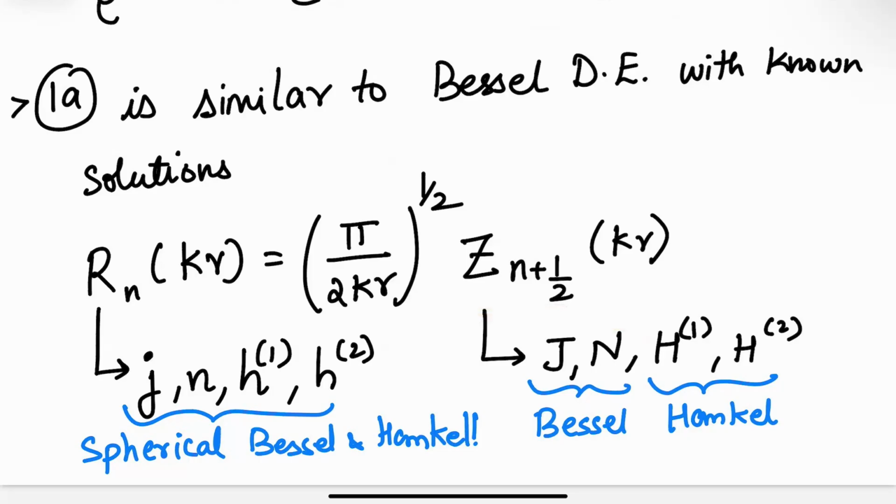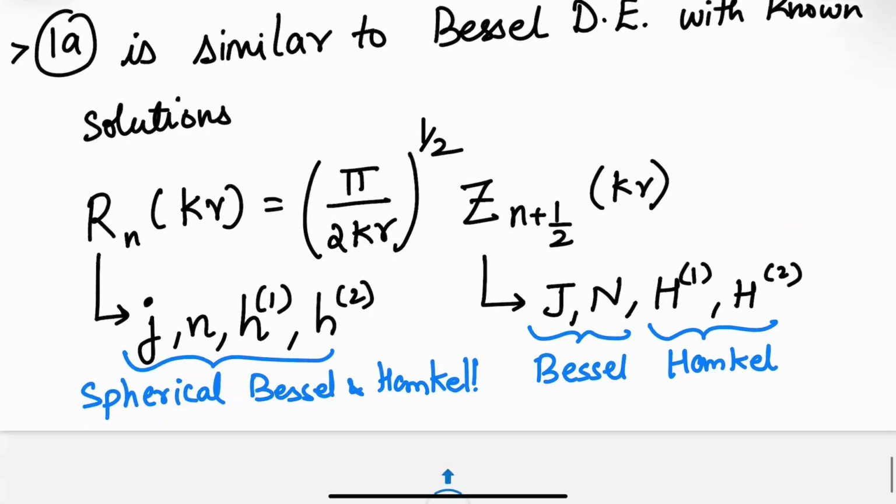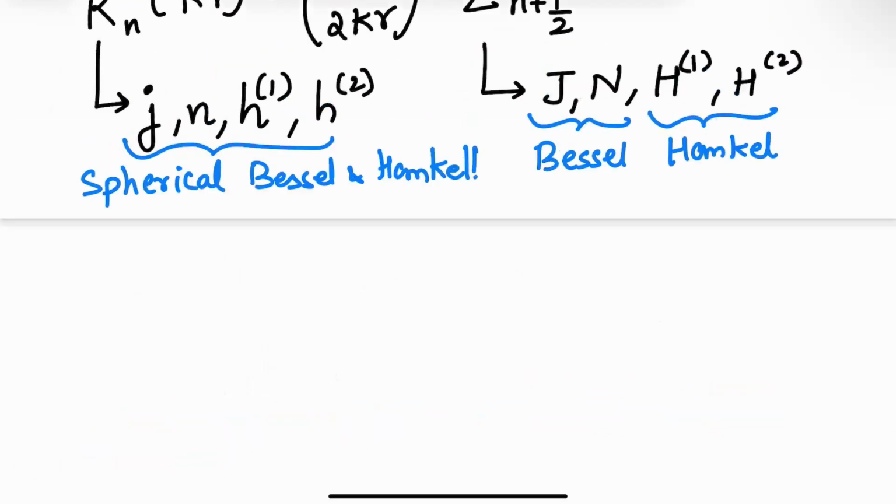The only difference really is the order, n plus 1/2 instead of n. And they also have this 1 over square root of r dependence, so they decay a little bit faster than the cylindrical Hankel functions, but have very similar properties. I won't repeat the properties here, but you can look them up in the book.